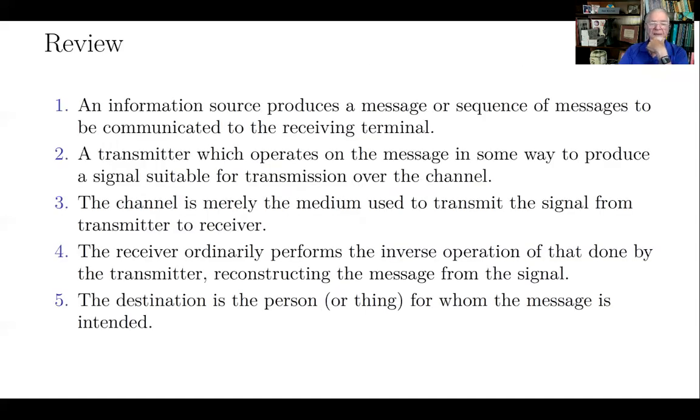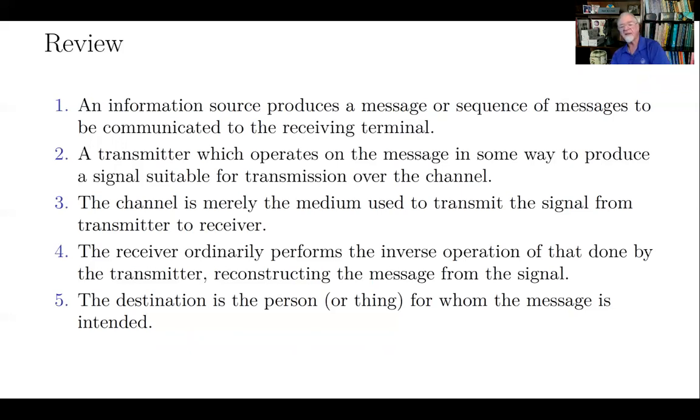An information source produces a message or a sequence of messages to be communicated to the receiving terminal. The transmitter operates on the message in some way to produce a signal suitable for transmission over the channel. The channel is merely the medium used to transmit the signal from the transmitter to the receiver.